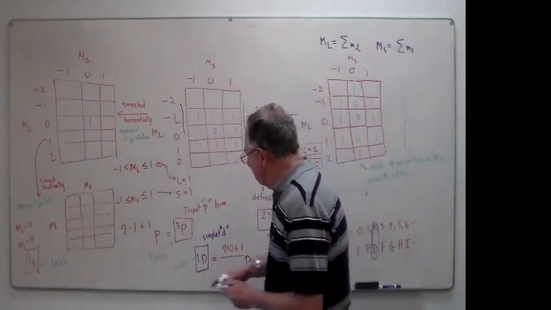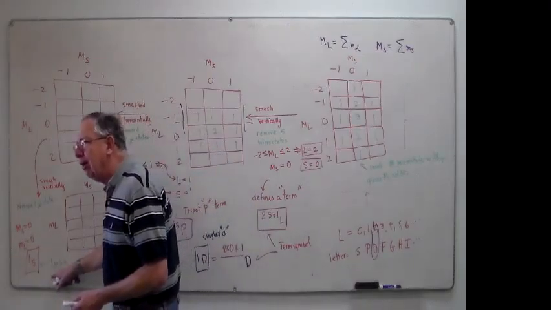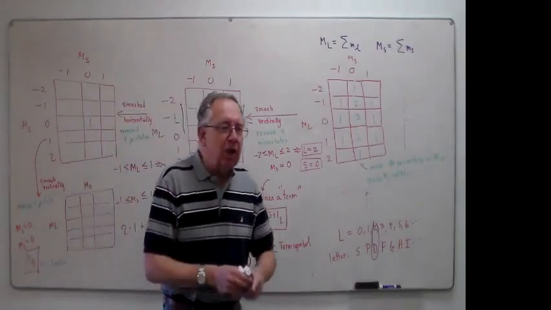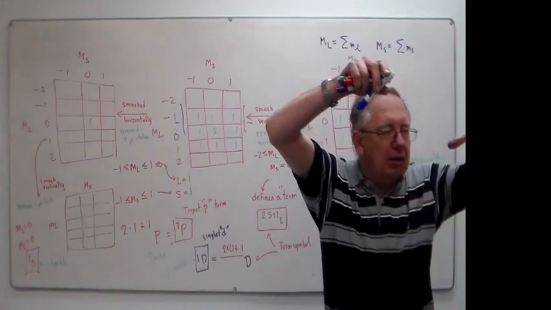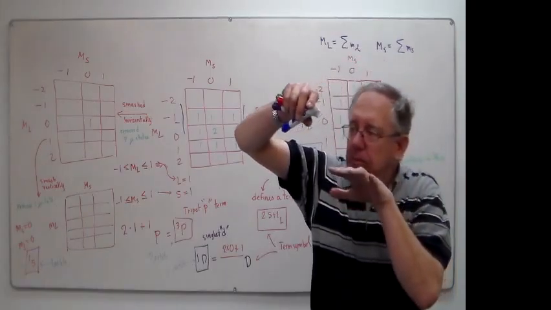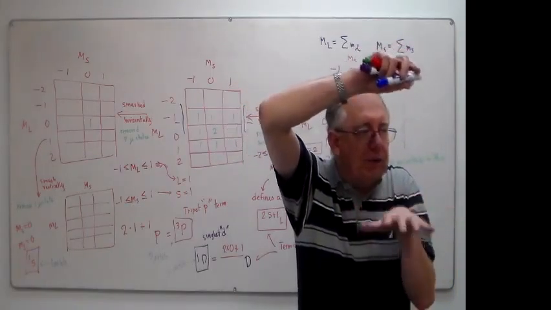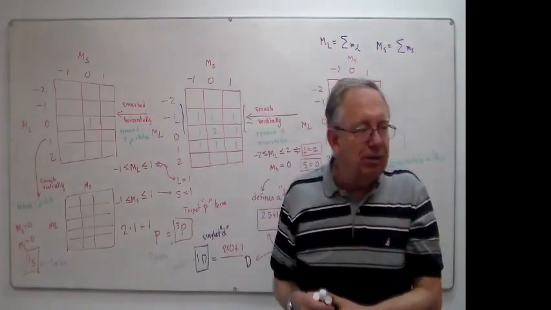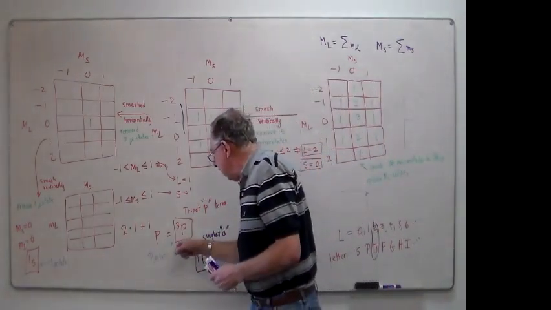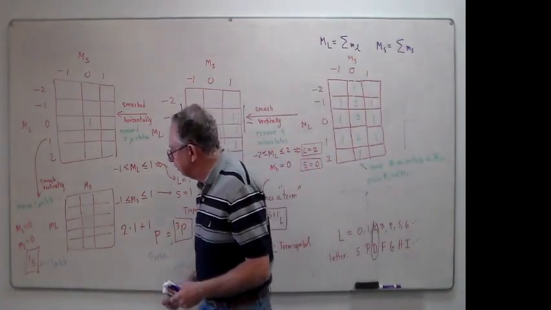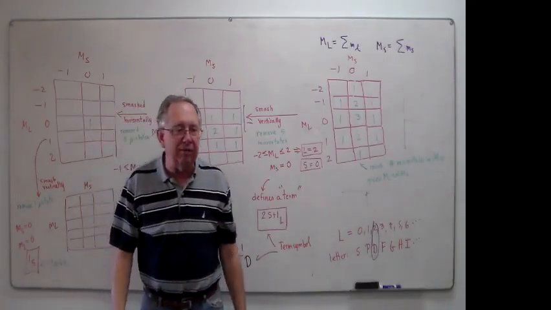And what is 5 plus 9 plus 1? 15. So we've taken our 15 microstates and we've grouped them into 3 different energy levels. 9 of them have this energy, 5 of them have this energy, and 1 of them has this energy.